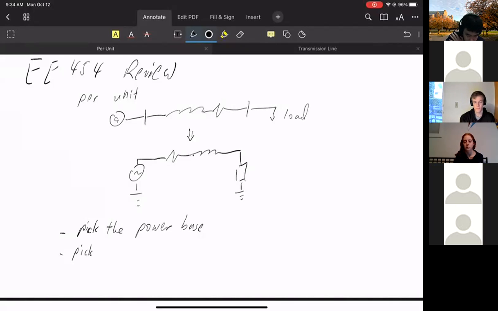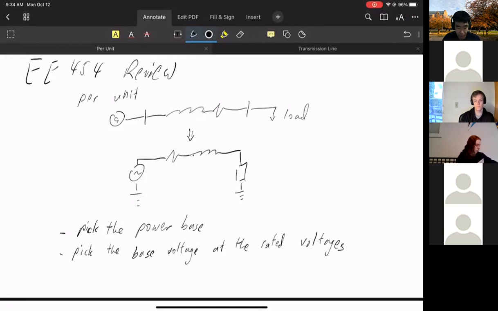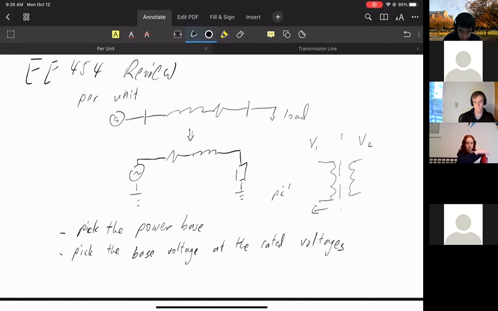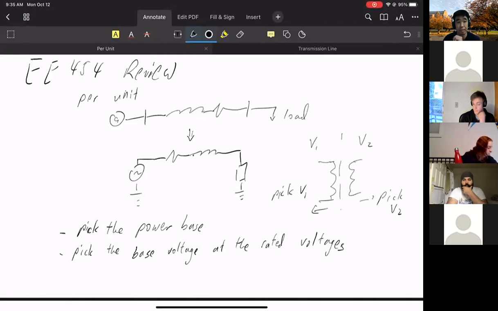Then we need to pick the voltage. It's normally best to pick the voltage at the rated voltages. So if we have a transformer rated V1, V2, then on one side we'll pick V1, and on the other side we'll pick V2 as the base for the voltage.